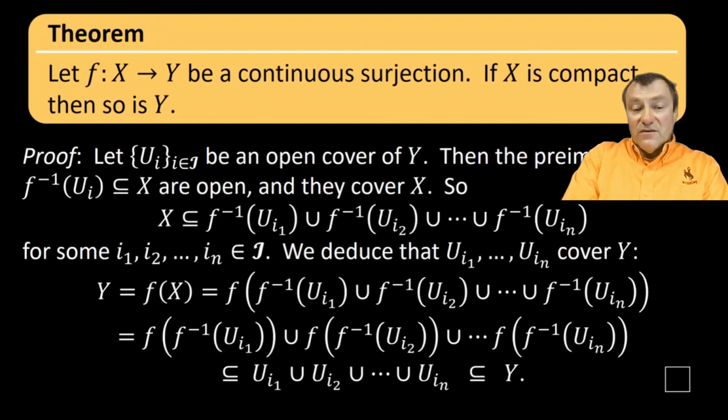Now look at this finite union of the U_i's, which is trapped between Y and Y. Since we have the subset relation on both sides, these subset signs must actually become equalities. So we have expressed Y as equal to a finite union of the original U_i's. This completes our proof.